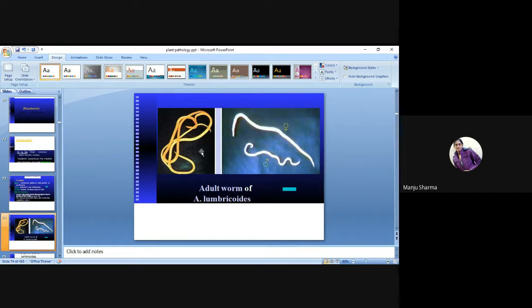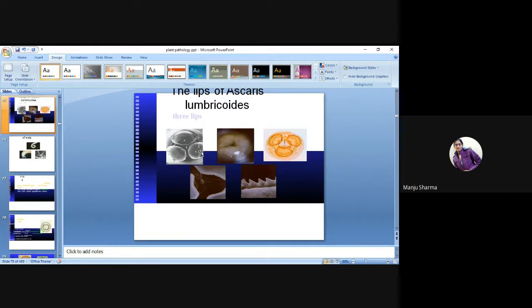So these are the adult worms of Ascaris lumbricoides. These are the lips of Ascaris lumbricoides; they have three lips.